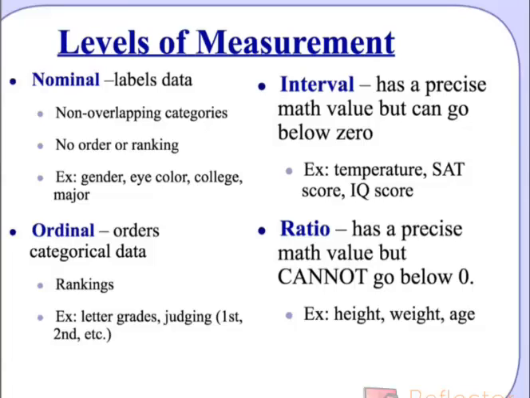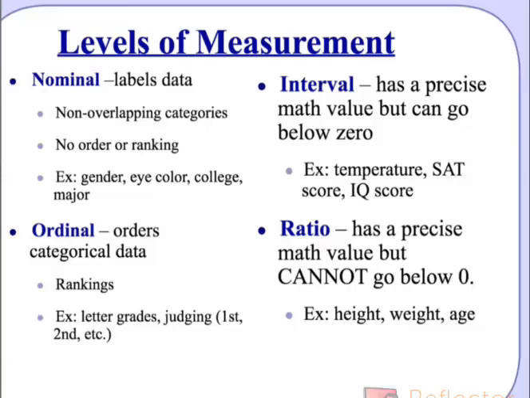It also depends on, are we talking about degrees Fahrenheit, degrees Celsius? So the 0 doesn't have much value to us in temperature as it does in other places. Same thing with the SAT score and the IQ score. A 0 doesn't really make much sense to us. So we don't worry about the zeros in this case, therefore it is interval.